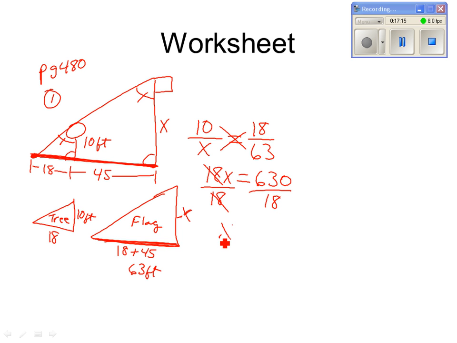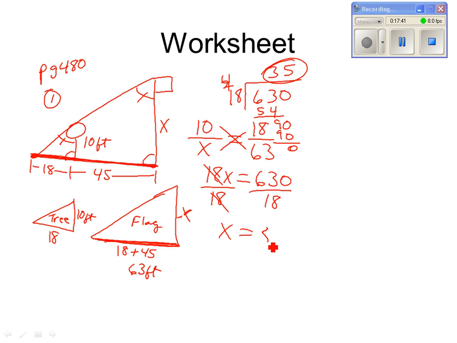These cancel out, you're left with X. If you have a calculator, you could use it. 630 divided by 18. 3 times 18 is 54. Leaves us with 90. 5 times 18, 5 times 8 is 40. Carry the 4. It's 90. So X equals 35. That tells us that the flagpole is 35 feet tall.